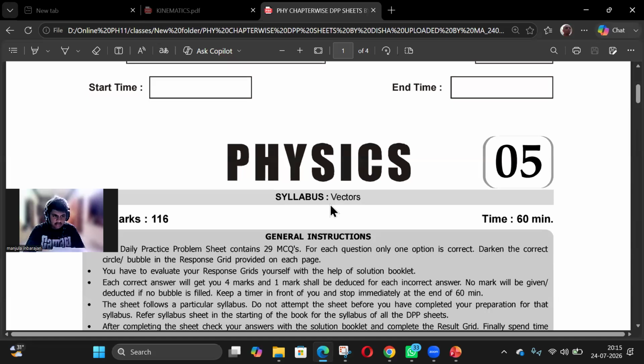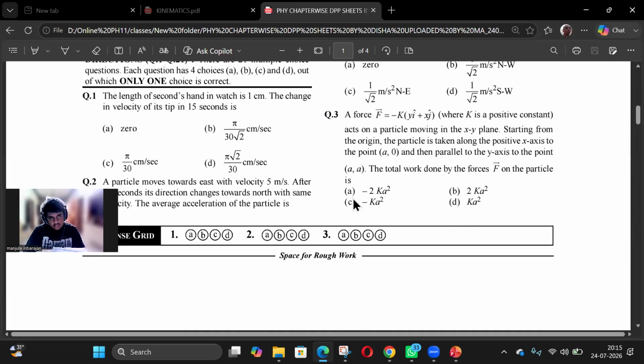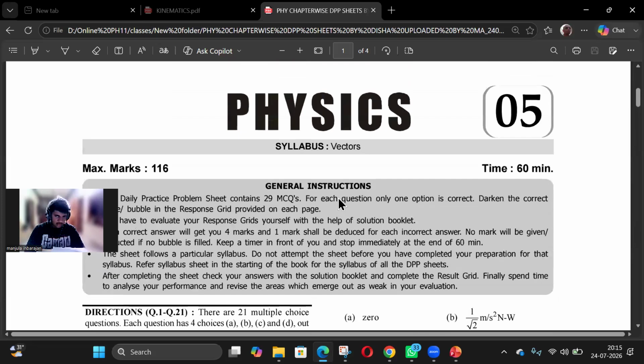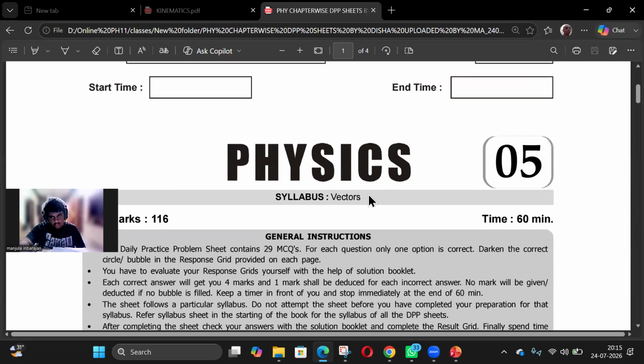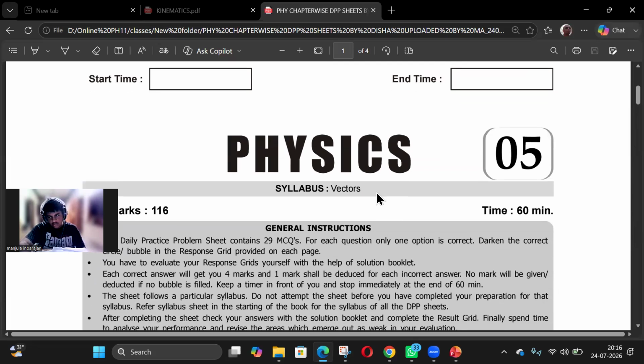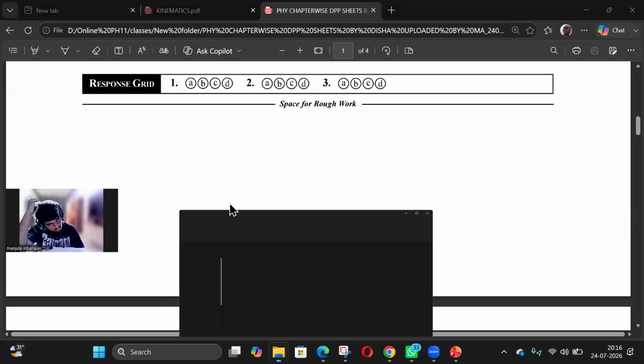Then laws of motion till conservation of momentum we have. No, laws of motion DPP they haven't given till now. Only till vectors. Okay. So before this vectors, what is there? Straight lines, sir. Okay. So you want to try these questions.